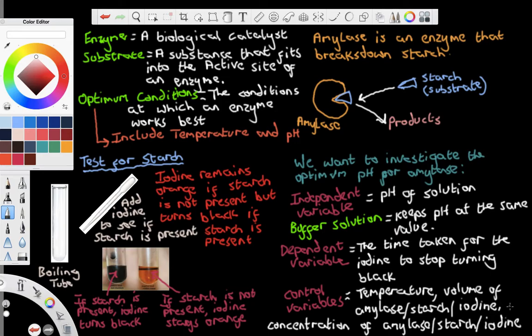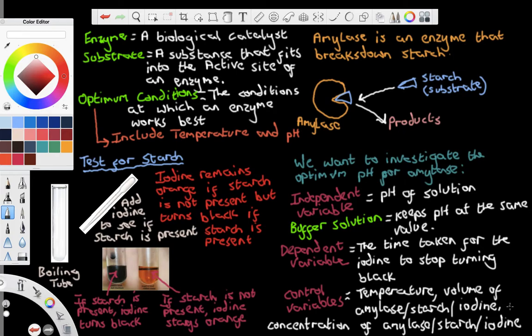So we've said so far that enzymes are biological catalysts. They break down what are known as substrates. The substrate fits into the active site of the enzyme, and the optimum conditions are the conditions at which the enzyme works best. We've said the test for starch is that you add iodine to it. If it goes black, starch is present. If it remains orange, it is not present.